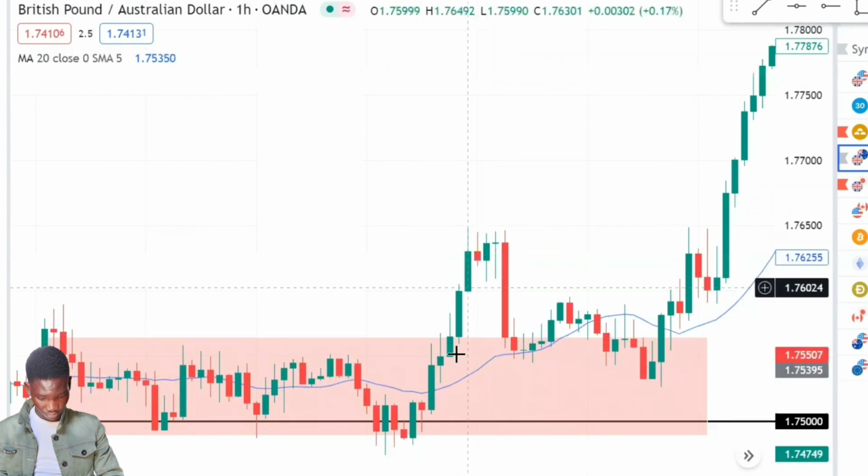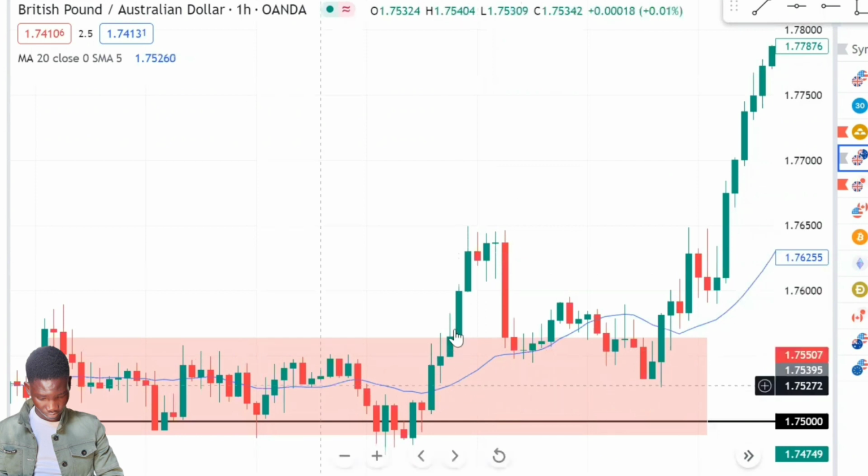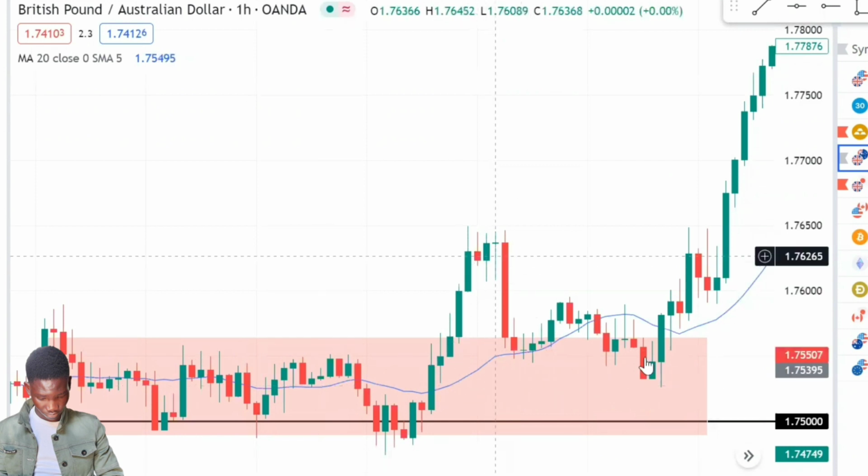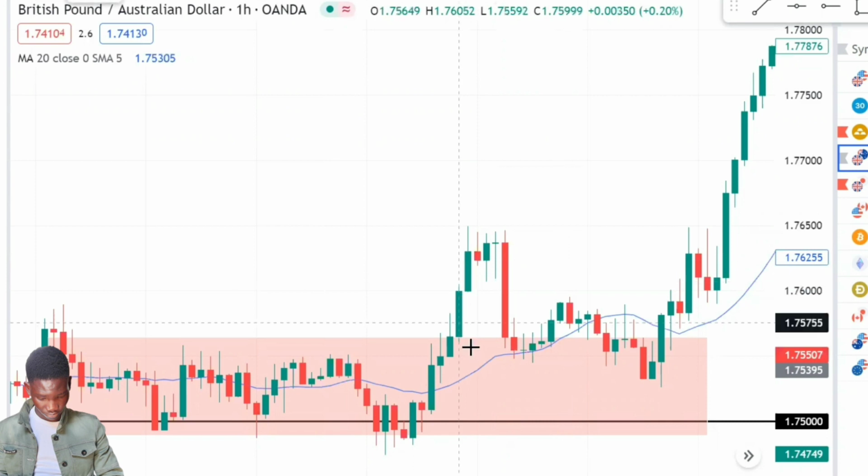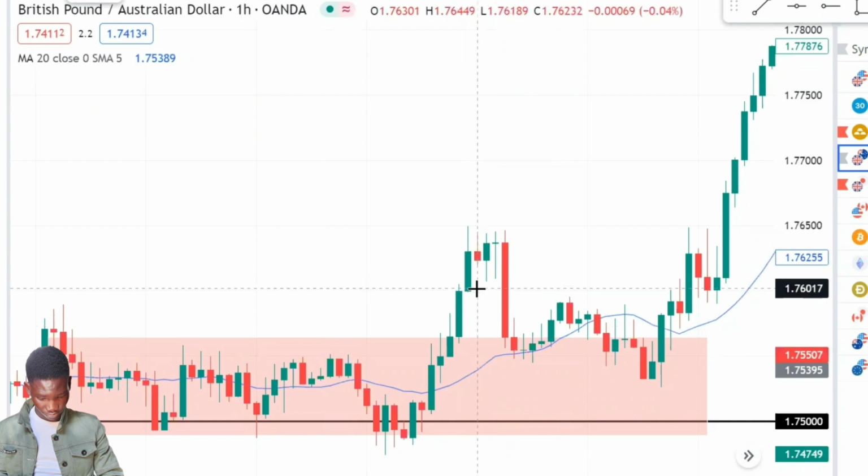As you can see here, there was a breakout out of the consolidation box I drew, and a retest. Many traders won't be patient enough to wait for this retest, and most will just come in after seeing a big momentum pull out of the consolidation box.